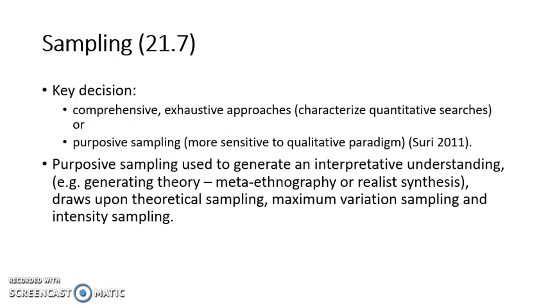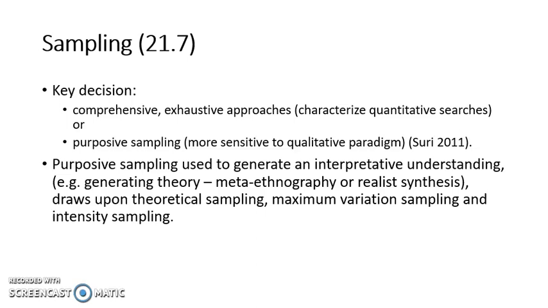First of all, in relation to sampling, in contrast with an effectiveness review where the expectation is of comprehensive and sometimes described as exhaustive approaches, although comprehensive searching is still available for qualitative systematic reviews, the possibility is there for purposive searching.